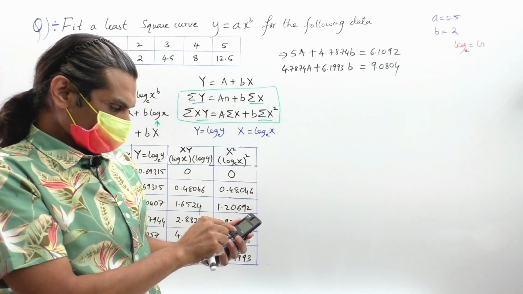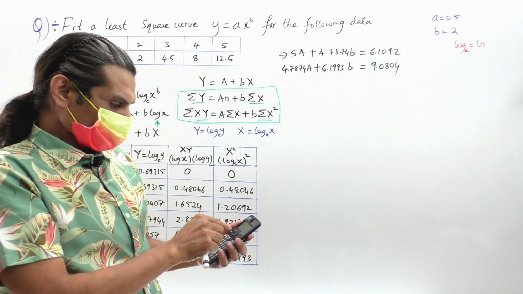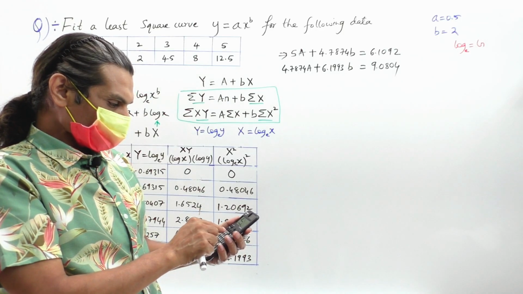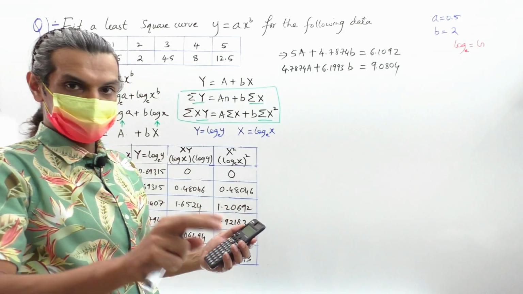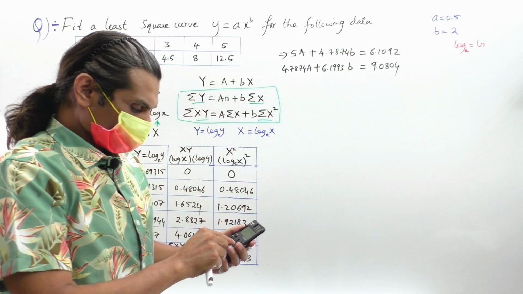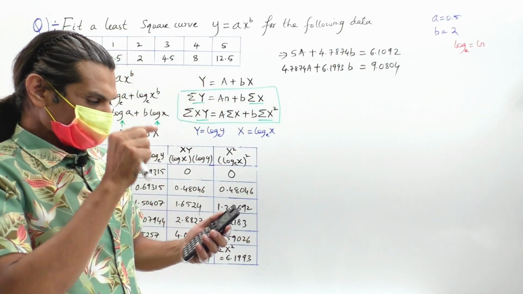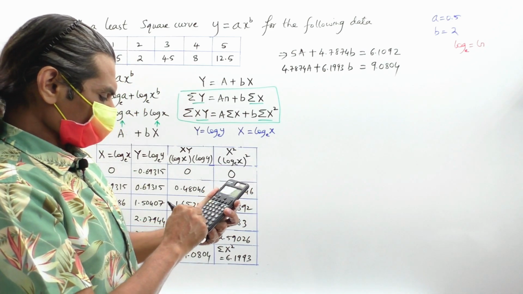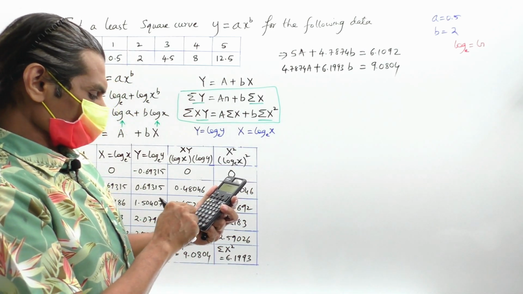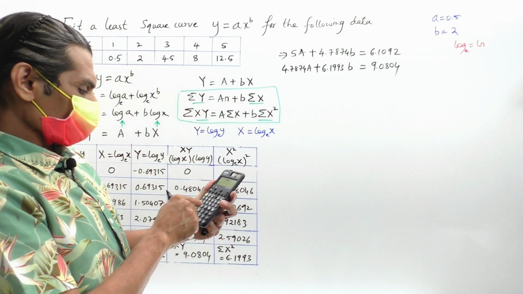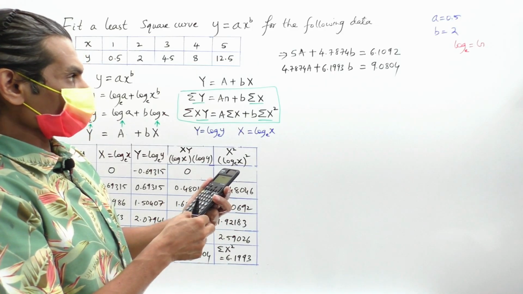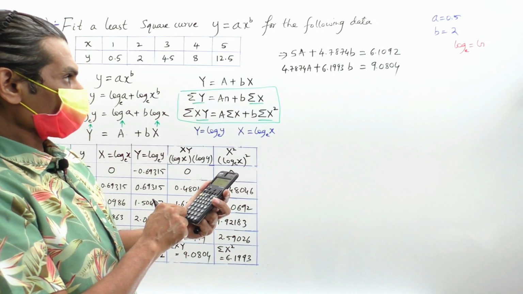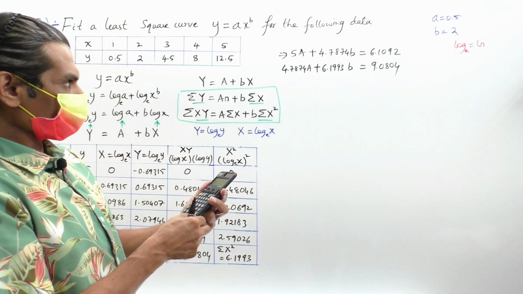We will go to home again, then to equation, then simultaneous equation, because there are only 2 unknowns, A and B. Put in all the values here. We have 5, execute. 4.7874, execute. 6.1092, execute.